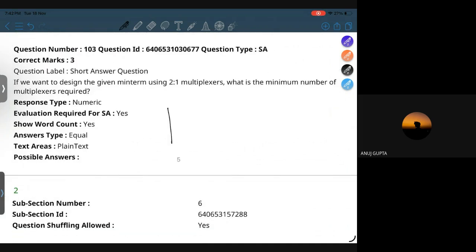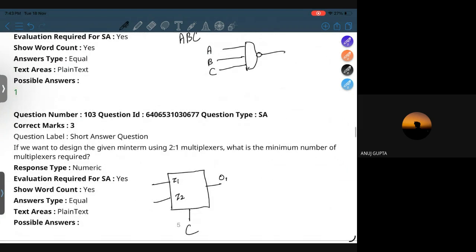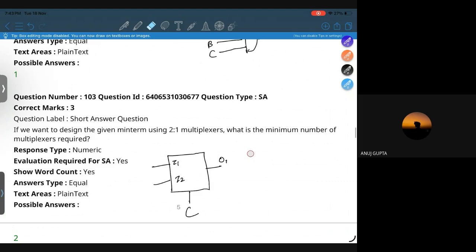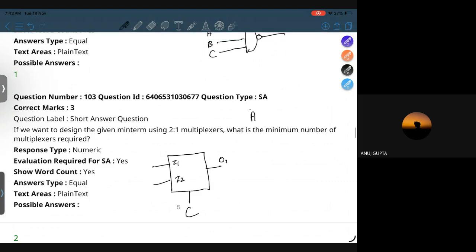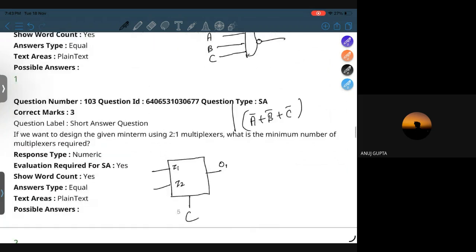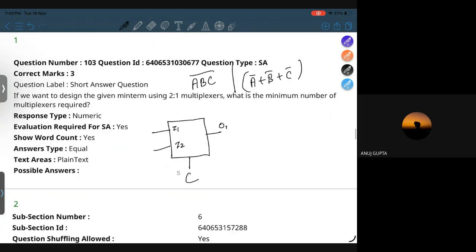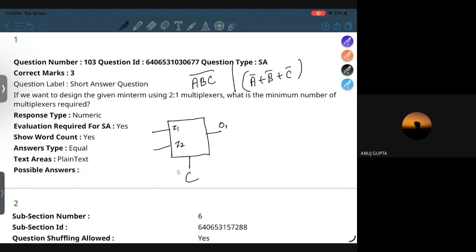So let's say this is our mux, this is the control line, and we have I0, I1, and output O. The equation is A complement plus B complement plus C complement, or (ABC) to the whole complement.